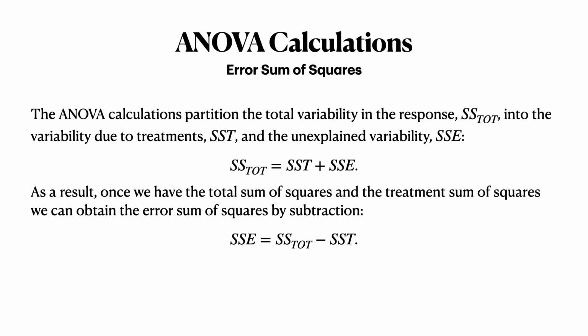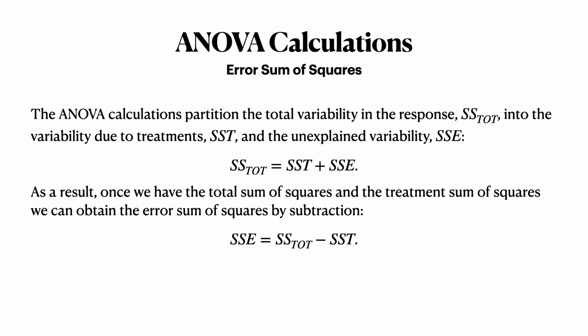Finally, we need the error sum of squares. The ANOVA calculations partition the total variability in the response, SS tot, into the variability due to treatments, SST, and the unexplained variability, which we denote by SSE. And so the ANOVA calculations partition SS tot into SST plus SSE.